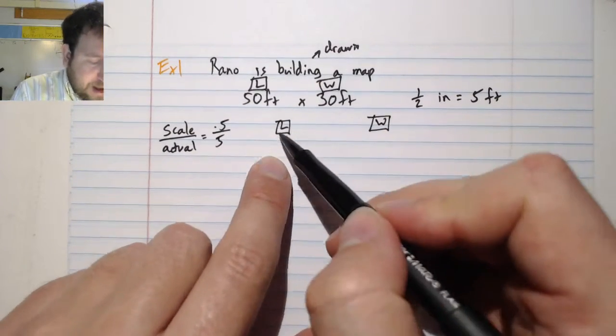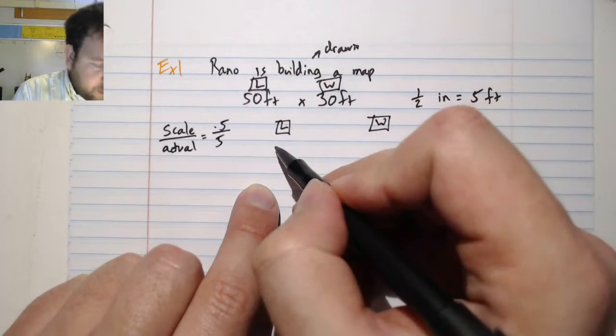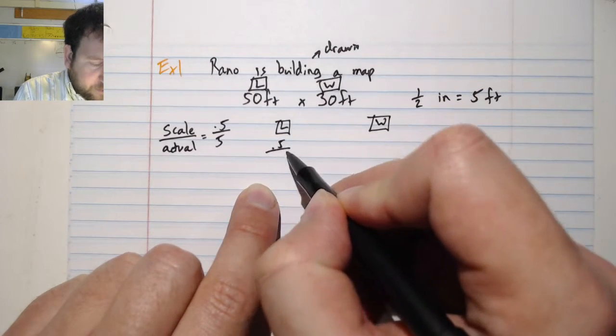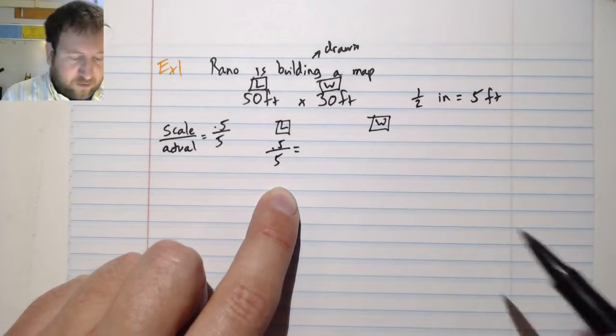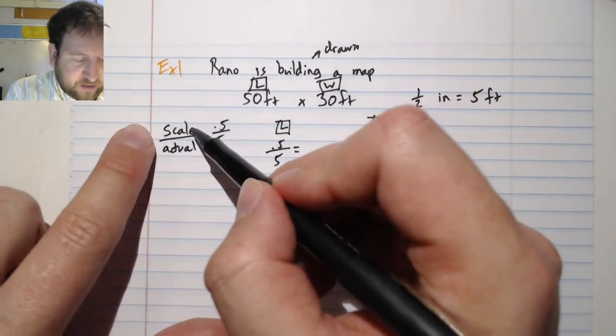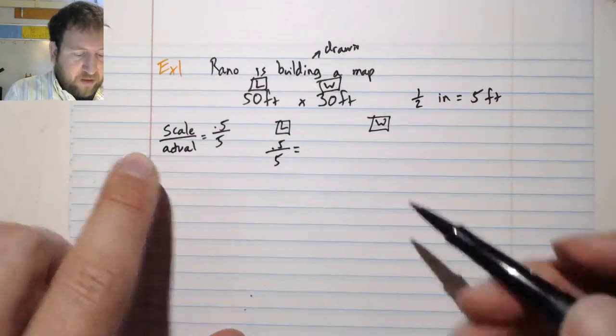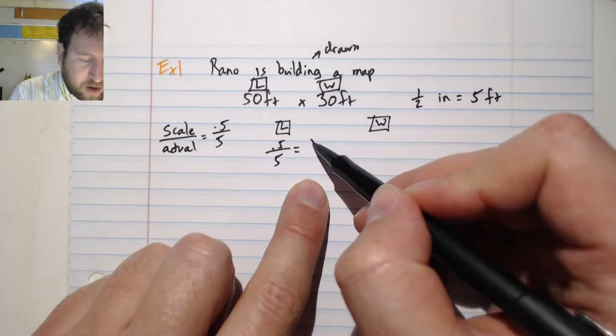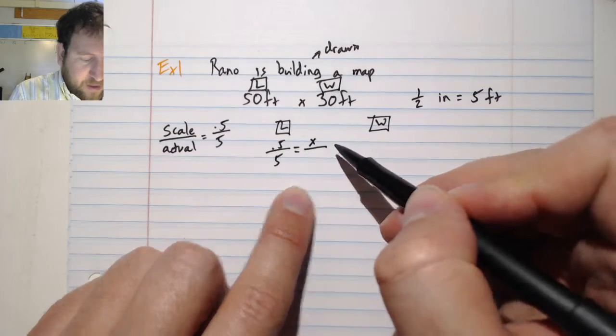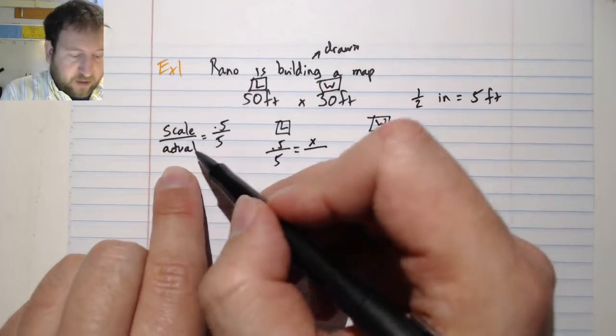Okay, so for my length here, I know that my scale is going to be 0.5 over 5, and I need to relate it to my length. And I have scale over actual. So in this case, my small side is on the top, which I don't know, which I'm going to be trying to find out. And I know the actual measurement, which is on the bottom.